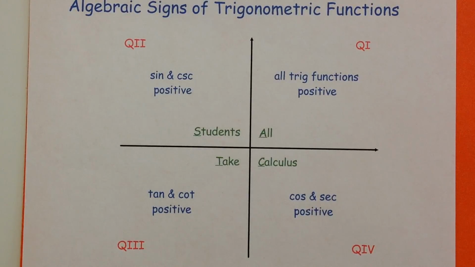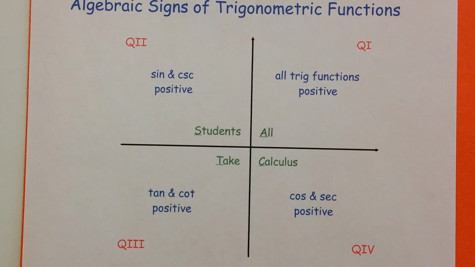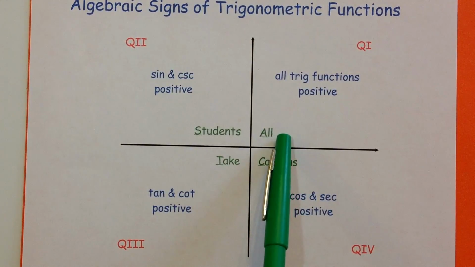Now, this is like a little saying that always helps you remember things. All students take calculus. This means that all your trig functions are positive in the first quadrant.